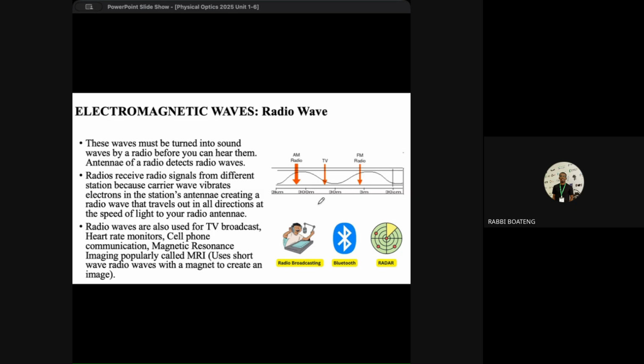And that is why, let's say you are in Cape Coast, you are listening to Cape Coast FM. Then you are traveling to, let's say, Kasoa. Then you reach a particular point, then Cape Coast FM is not coming again. Then another signal just jumps in for you to listen by force. So it means you've moved outside the range of Cape Coast FM. Another radio station that has the same frequency as Cape Coast FM in that direction picks it up.